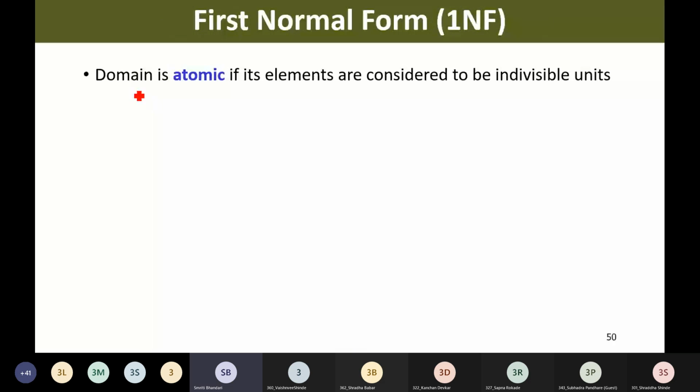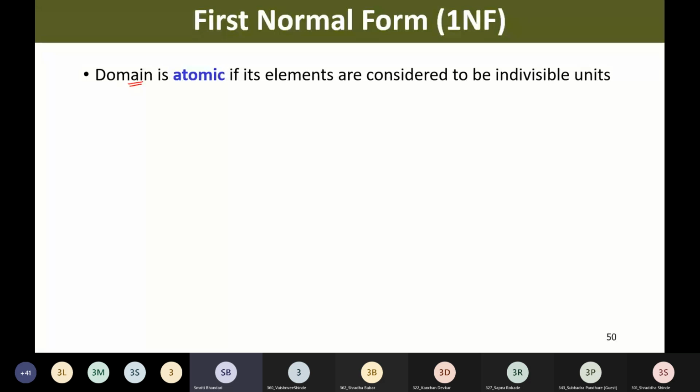We know that every attribute is associated with a domain, and we say that a domain is atomic if its elements are considered to be indivisible units. So what is an atomic domain? If the elements cannot be decomposed into parts, then we say that it is an atomic domain.